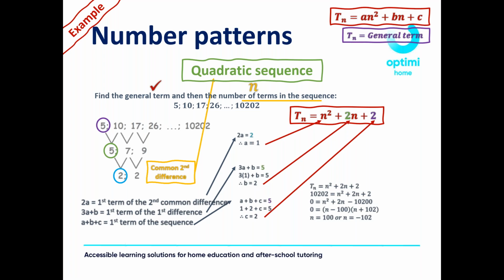This does not show direction, as in physical sciences, for those of you who have that. Here with sequences, you have terms or you don't. You can't have a negative number of terms. I can't owe you any terms. So when you get to a question like this, the answer that gives a negative number of terms is not applicable. So this means that there are 100 terms in this sequence.